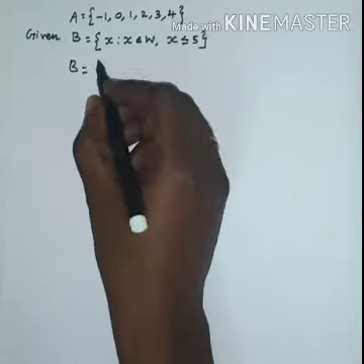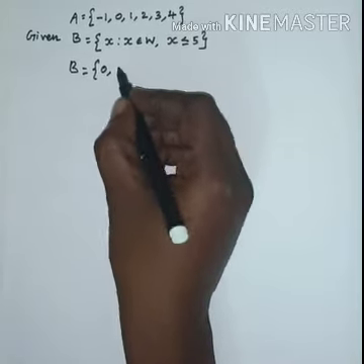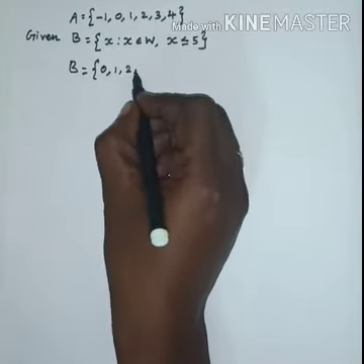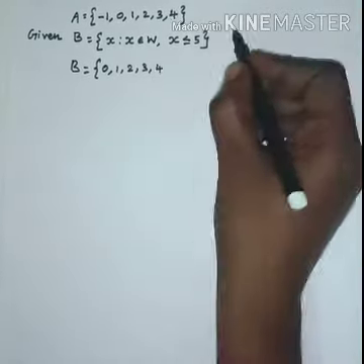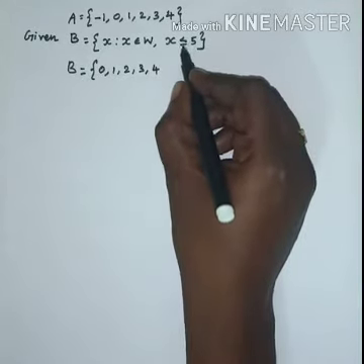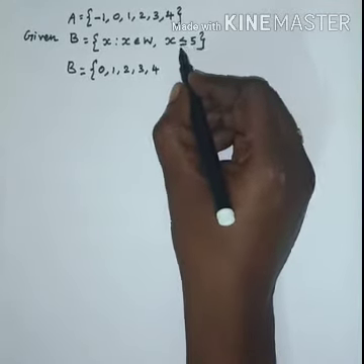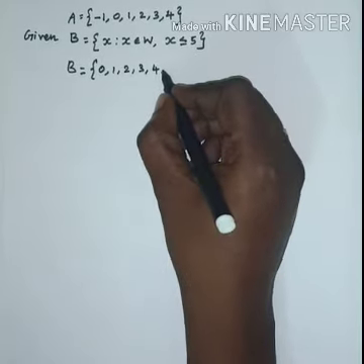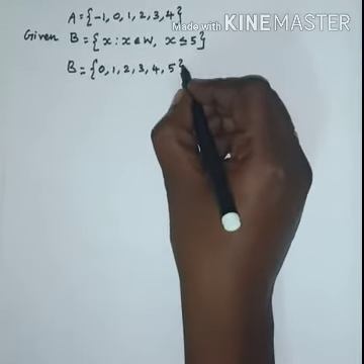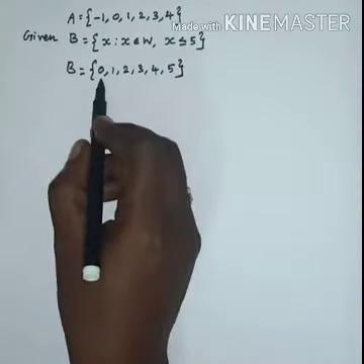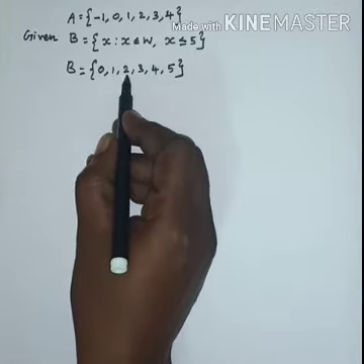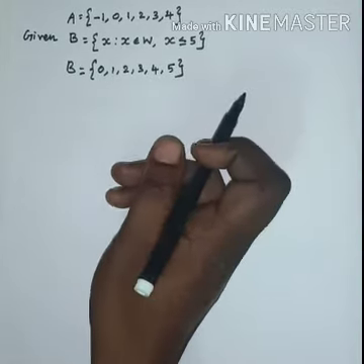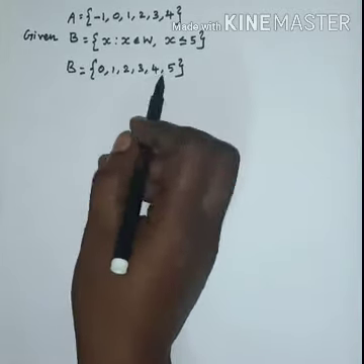Whole numbers start from 0. So 0, 1, next number is 2, 3, 4. Here the condition given is x is less than or equal to 5. So the equal to symbol is given here, so up to 5 we have to write. So the elements of B are 0, 1, 2, 3, 4, 5. These are the elements of B.